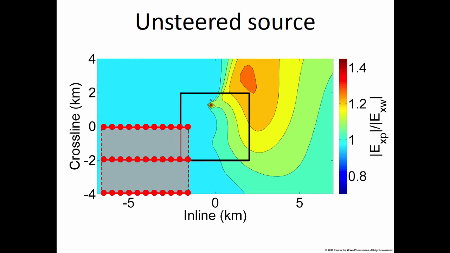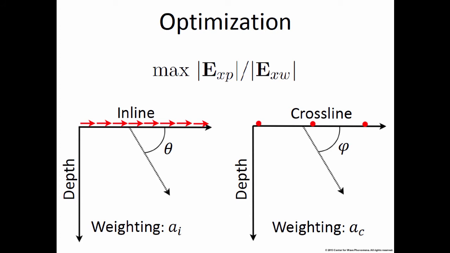But how do we know what steering angles we should steer all these sources at? And what energy compensation terms should we use? Well, we find those by going through an optimization scheme. And in this optimization scheme, we define the best steering parameters that maximize the ratio between the pay and the wet fields.